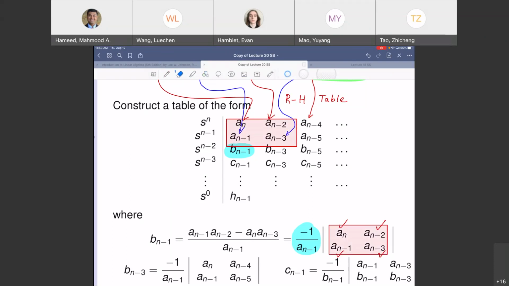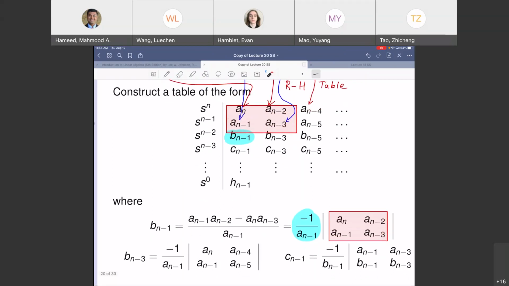These are all going to be 2 by 2 matrices. Irrespective of how many values you have over here, they're all going to be 2 by 2s. So b_n minus 1 is: take the one value a_n minus 1 there, -1 divided by that, and then the determinant of the 2 by 2 submatrix, which is this guy.